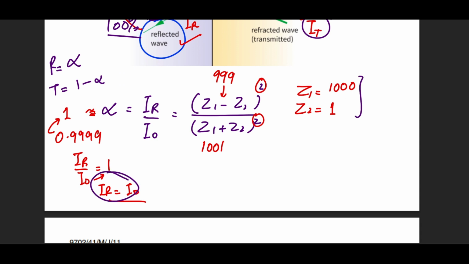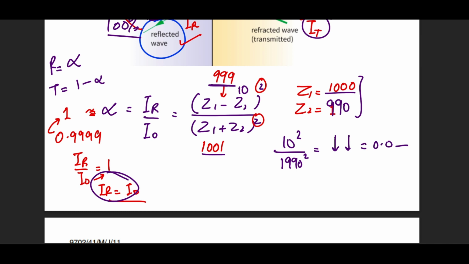Everything gets reflected back. Now, what if the difference was very small? For example, this is 1000 and this comes out as 990 or 999. This answer would come down to, let's say, 10, right? The difference will become 10 squared divided by 1990 squared. Now this answer is going to get very, very small, almost equal to 0.0 something.